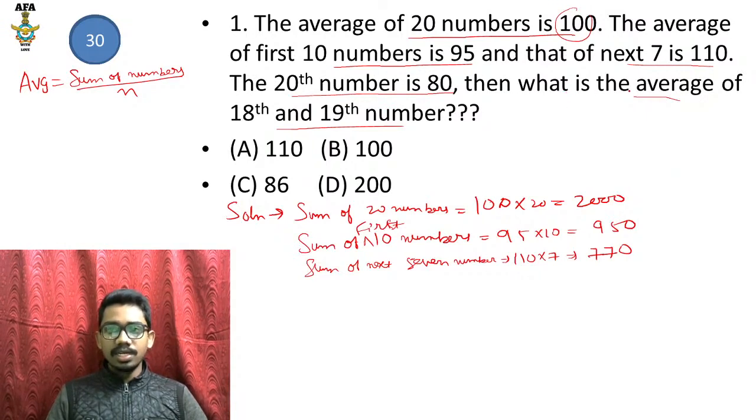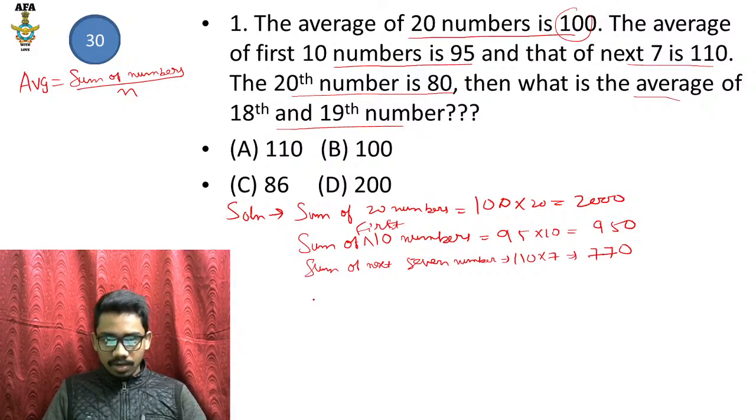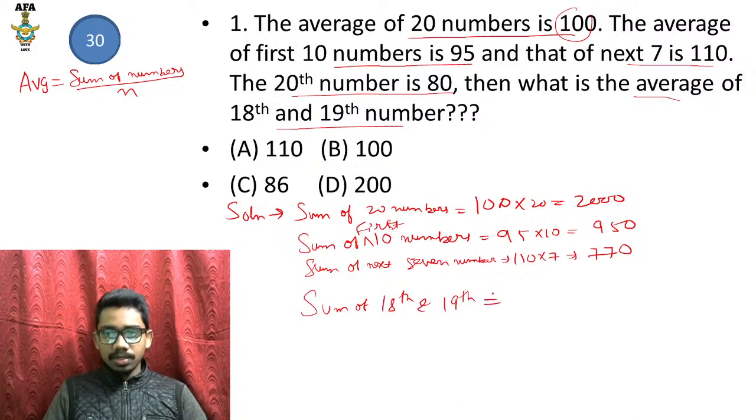The 20th number is 80. What is the average of 18th and 19th number? So I can find the sum of 18th and 19th number. Sum of 18th and 19th number will be 2000 minus 950 minus 770 minus 80.